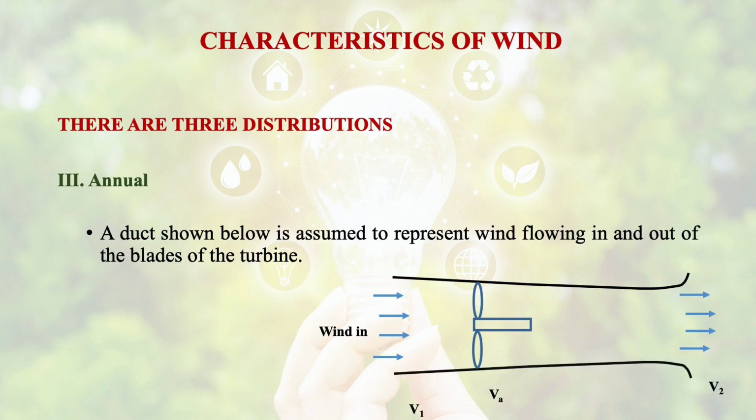As shown in the figure, a duct is assumed to represent wind flowing in and out of the blades of the turbine.